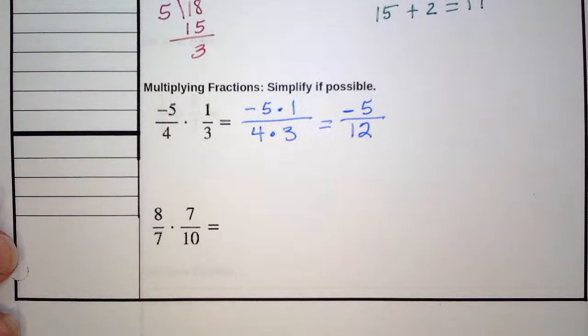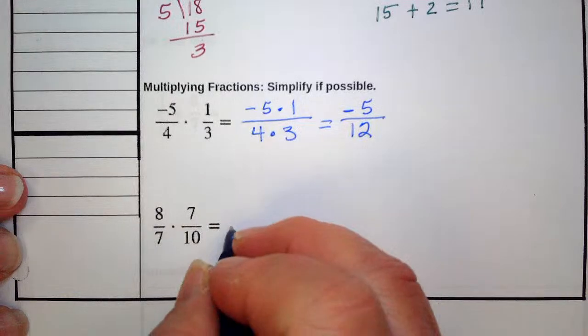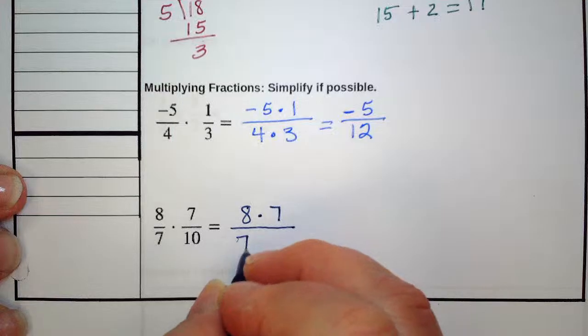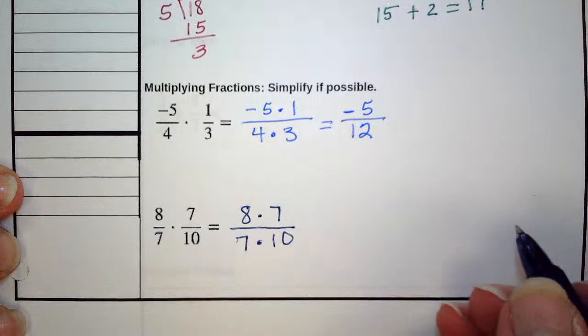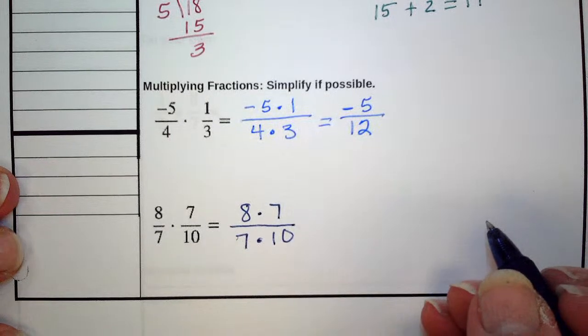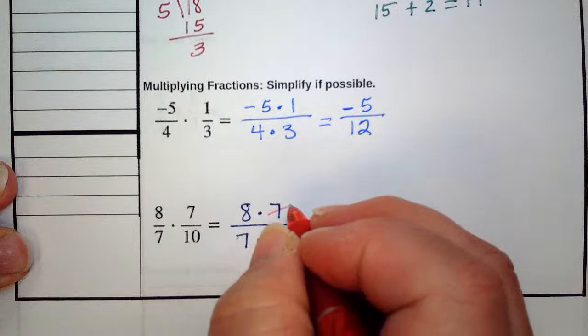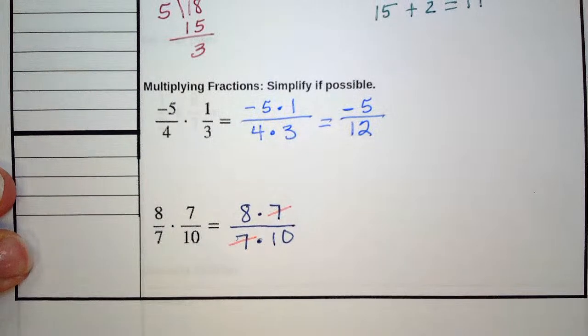What about for this next one? Eight times 7 over 7 times 10. Can I divide anything out? I've got a 7 in my numerator and a 7 in my denominator. 7 divided by 7 is 1.